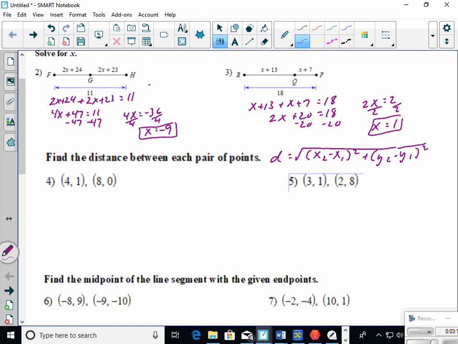So x1, y1, x2, y2. So our distance is going to be the square root of the difference in the x's. So 8 minus 4 squared plus the difference in the y's, or y2 minus y1, which will be 1 minus 0 squared.